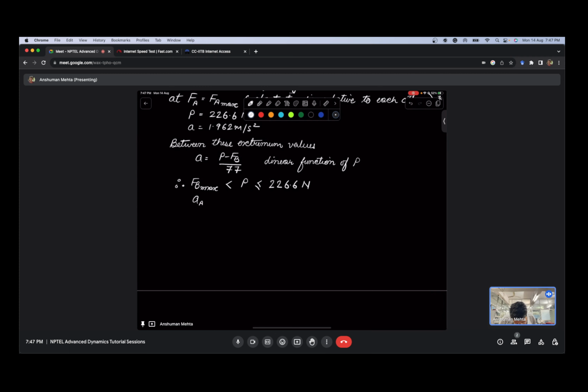So here what will happen, that AA is equal to AB, which actually varies linearly from 0.49 to 1.962 meter per second square. Okay.